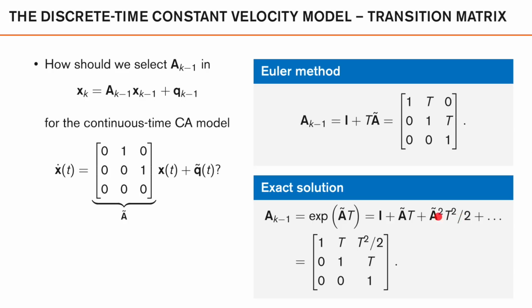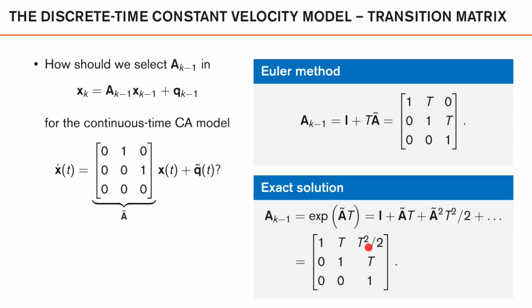For this example, it turns out that all these three are non-zero, whereas A tilde to the power of 3 and up are 0. What happens is that this term here adds this element here, T squared over 2, which tells us that acceleration can also have an impact on our position, which is reasonable, right? We integrate acceleration twice to get an adjustment of our position.